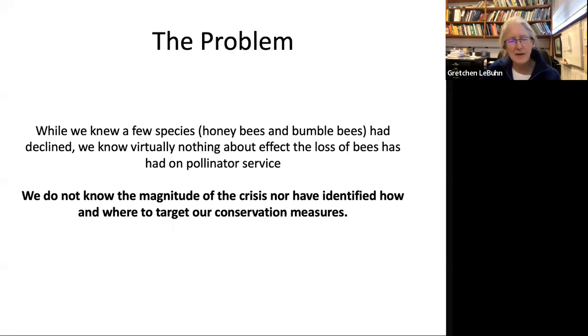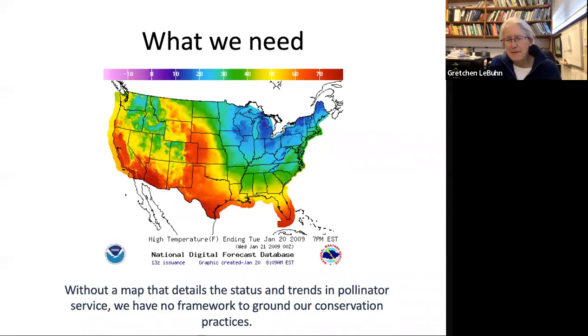What we'd really like to have is something like this. We'd like a map that tells us about the weather for bees. So imagine if we knew that all the red areas here were areas that had sufficient pollinators and the blue areas did not. We could say we need to do pollinator conservation up in this area. So a map is really a critical step towards doing conservation.